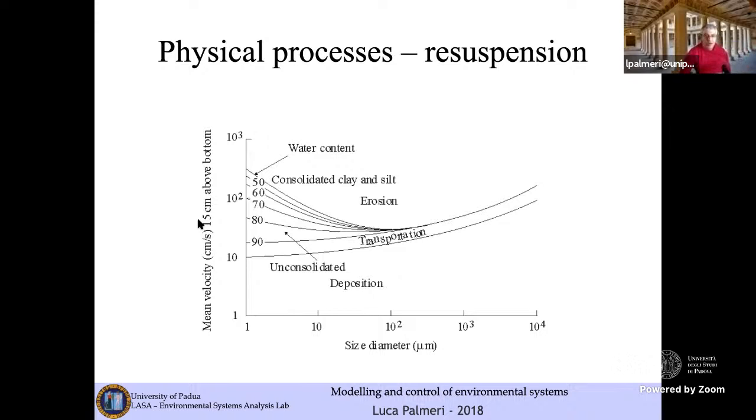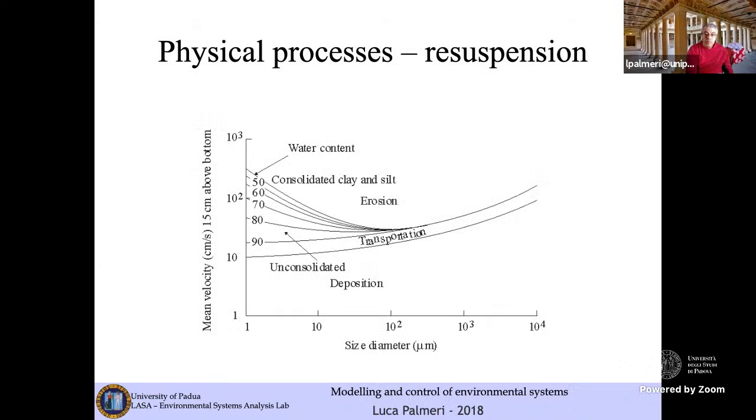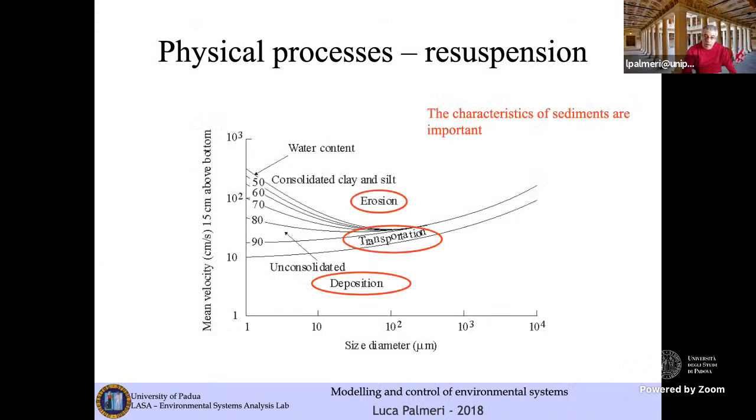Here the sediments are moving with the water at 15 centimeters above the bottom as a consequence of the waves. And depending on the size diameter of the particle, the grain size, and depending on the consolidation degree of the sediment, we obtain 3 different movements for the particles on the water bottom.